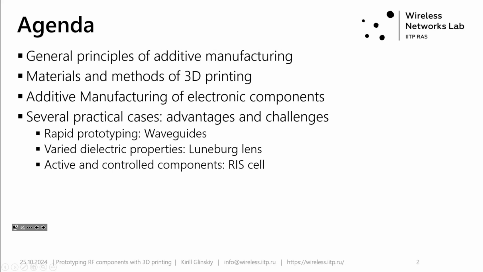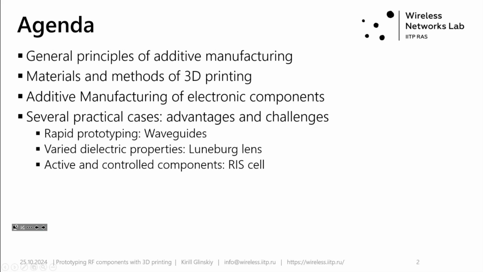Then a short, concise summary of what has been already done in this field. And finally, I'd like to follow it up with my personal experience with 3D printing of radio frequency components in the form of a few practical cases. Which advantages and which challenges have we faced and overcome in regards to rapid manufacturing of waveguides, of radio frequency lenses, and our current research of 3D printed reconfigurable intelligent surface cells, which are active elements.